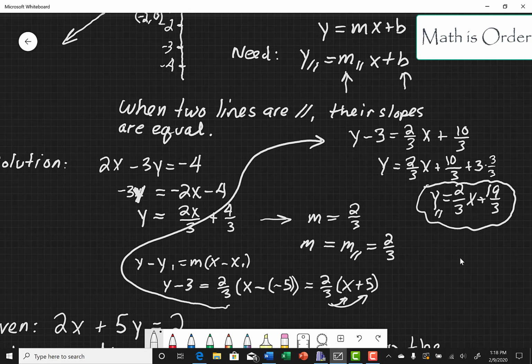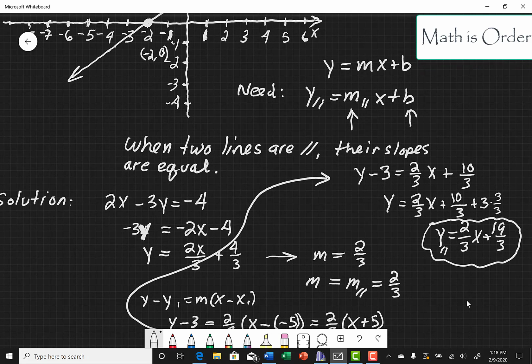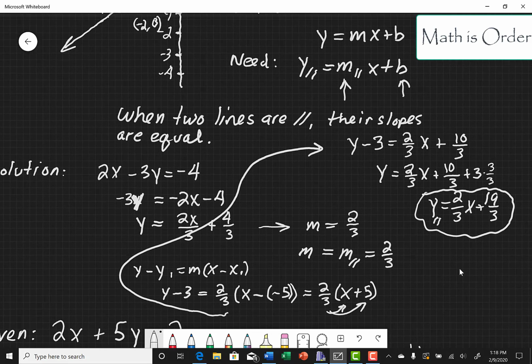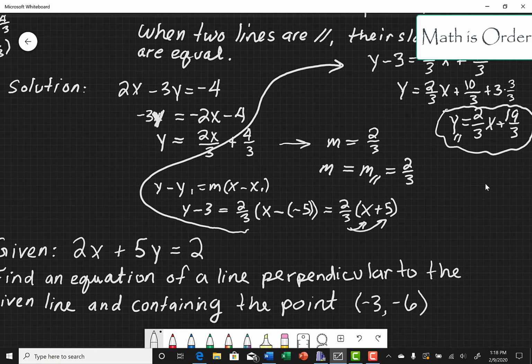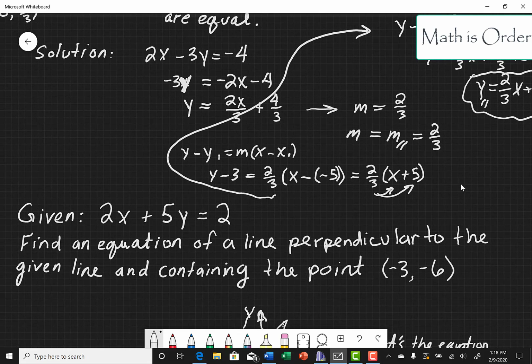All right, I hope you've seen how we find an equation of a line that is parallel to a given line. Let us go ahead and do a second example. This time we're given a similar statement, but we're trying to find the equation of a line perpendicular to a given line. So here's the equation we're given.